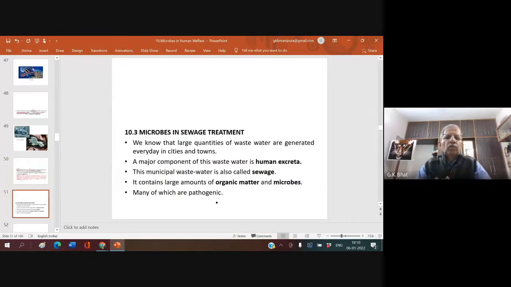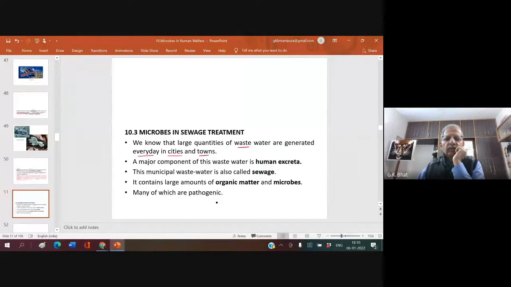Now let us look into microbes in sewage treatment. Disposal of sewage is the greatest burden in almost every city because of the population explosion. We know that large quantities of wastewater are generated every day in cities and towns.